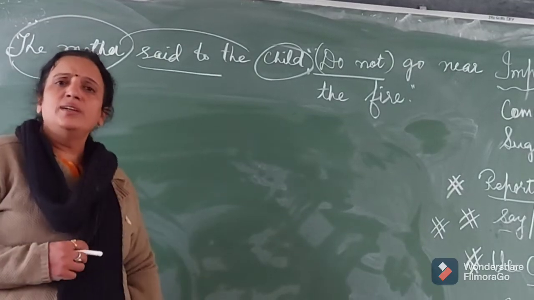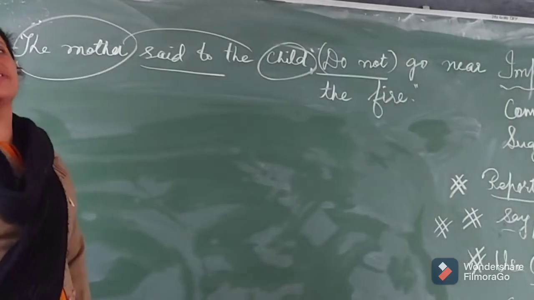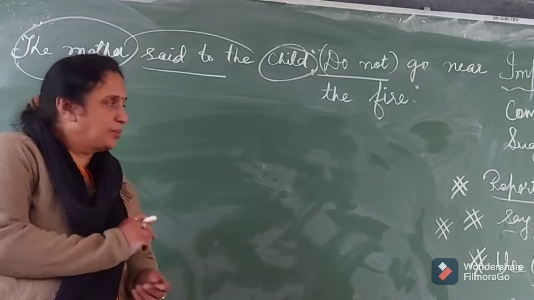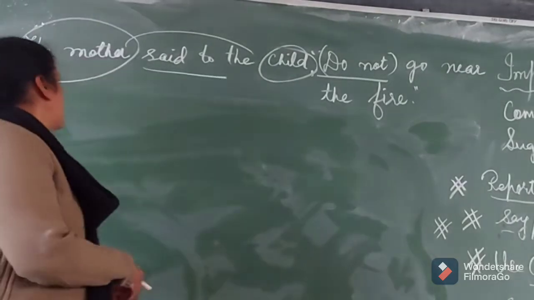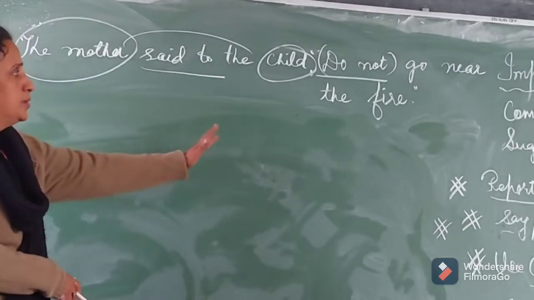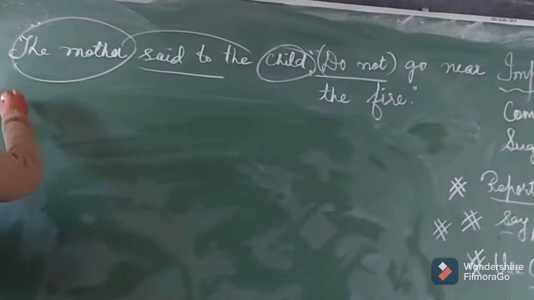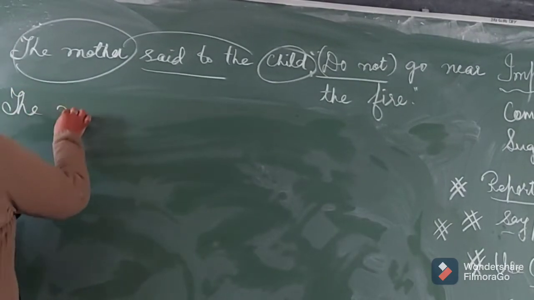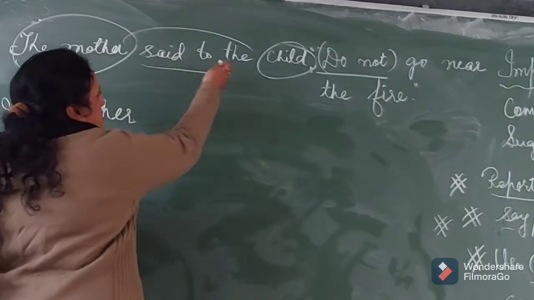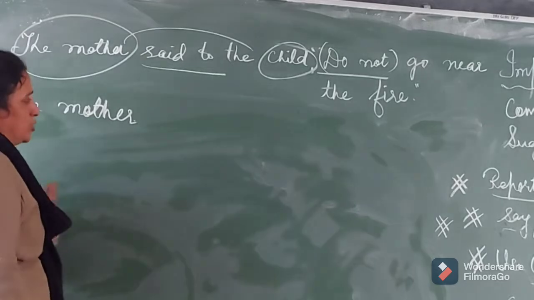There is another mode you can follow to change such sentences in which you are giving warnings or forbidding something. Let's now learn that. Here I have told you that in the statement the mother is giving a warning to the child not to do something. So let's know another way. First of all, you will write the subject mother, then this said to is the order of the mother to the child.